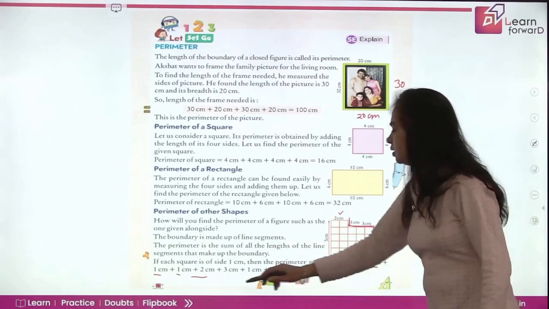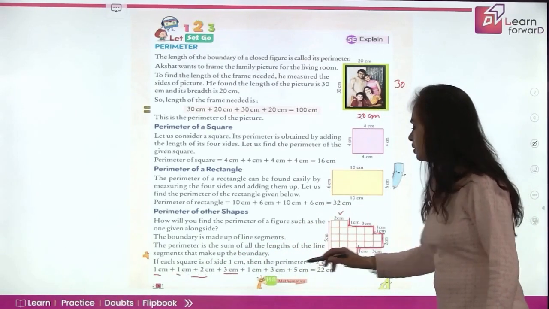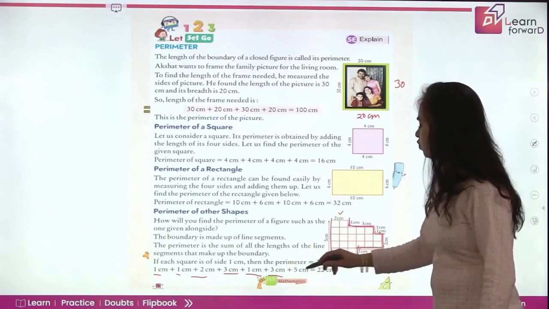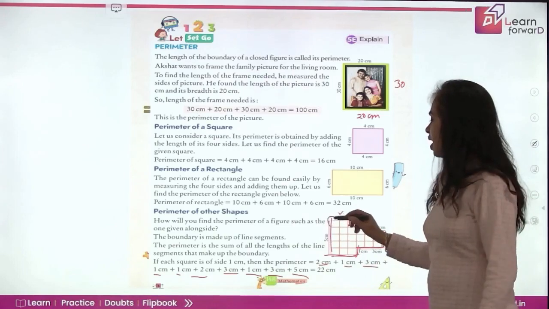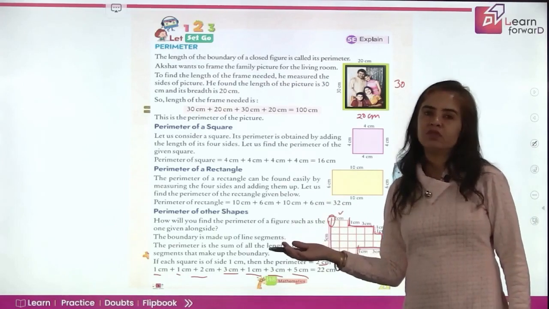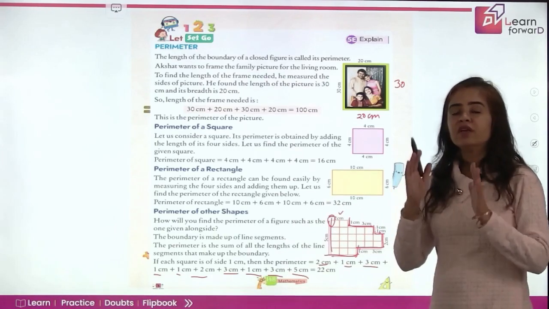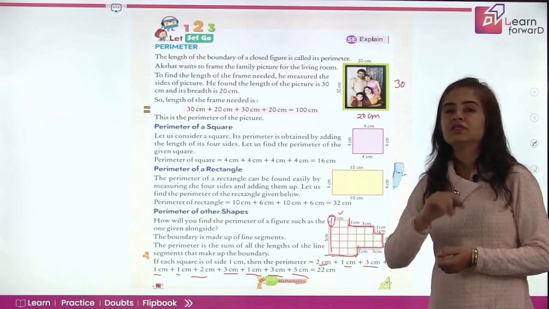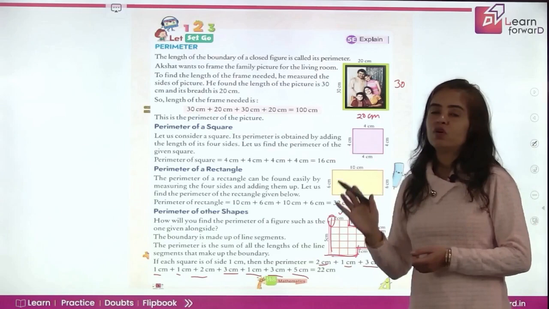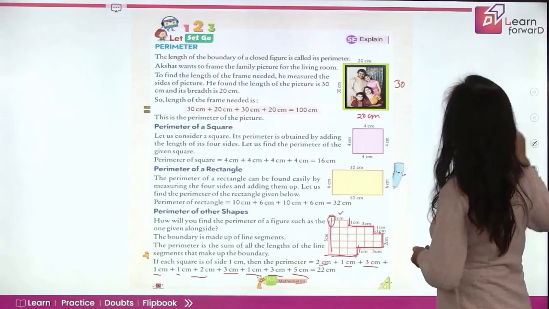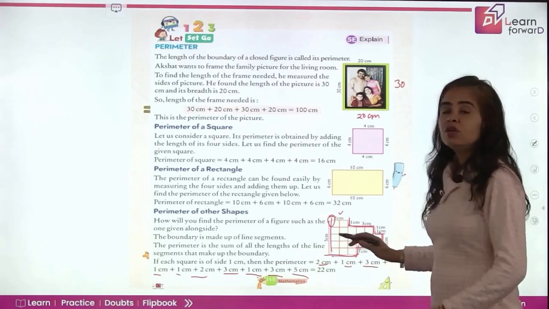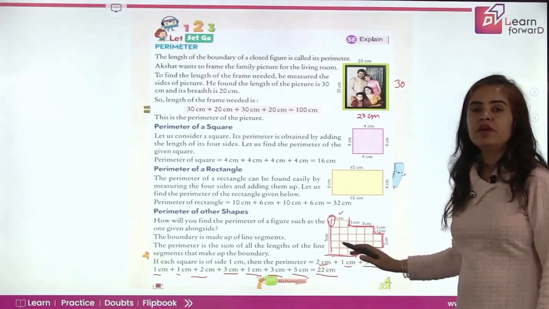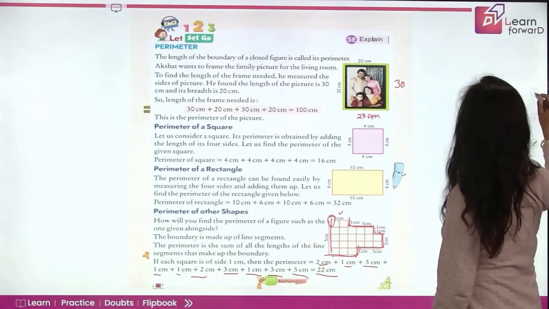Another 3 centimeters, then 1 centimeter, then again 3 centimeters. This is 5 centimeters and we are at the starting point again and we stop. So when you are given an irregular shape, you just have to add all the sides, children. The length of all the sides gives you the perimeter. So the perimeter of this irregular shape is 22 centimeters when you add up all these lengths together.